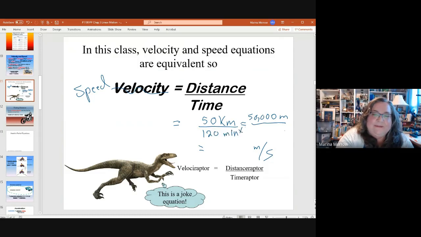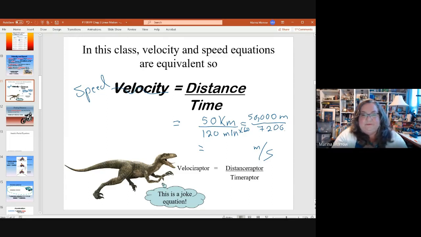Now we're going to multiply by 60, and now you can see this is going to be a much bigger number. So 60 times 120, it's going to be 7200, I believe.